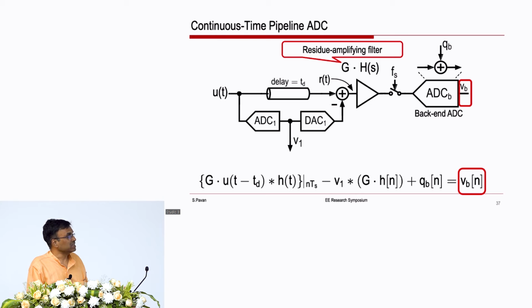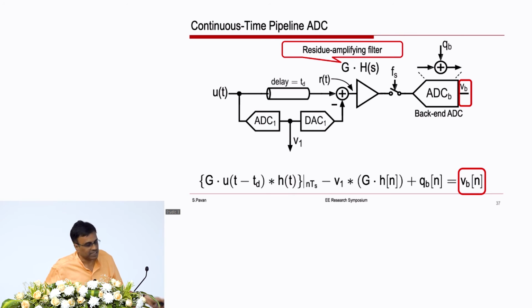So, this gain G can be chosen to be large if this residue is made small. So, at this point, this G is just a number. It turns out that it's greater than 1, and this amplifies the residue, and the output of this residue amplifying filter is sampled by an ADC at the back.